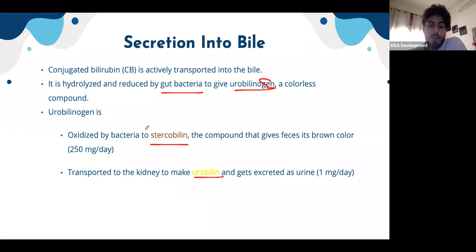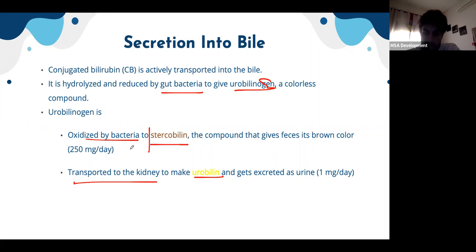So if it becomes stercobilin, that means it's going to stay in the small intestine and it's going to get oxidized by bacteria, and then it's going to get excreted, and that's what gives our feces the color brown. Okay. Or if it doesn't stay in the small intestine and gets transported to the kidney, it becomes urobilin. And this urobilin is what gives our urine the yellow color.